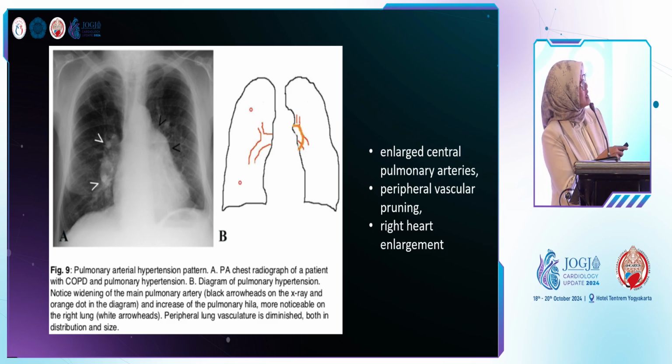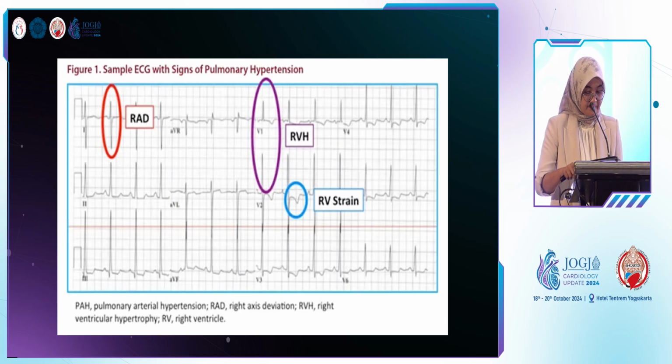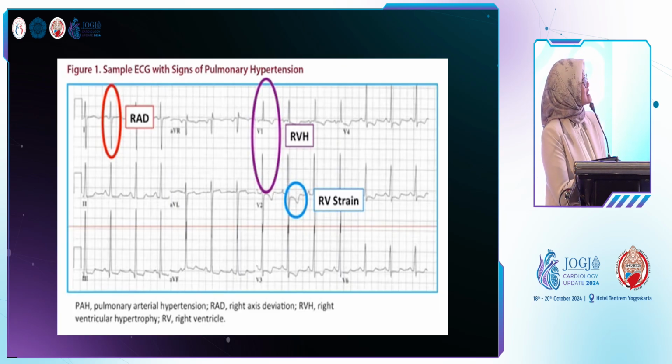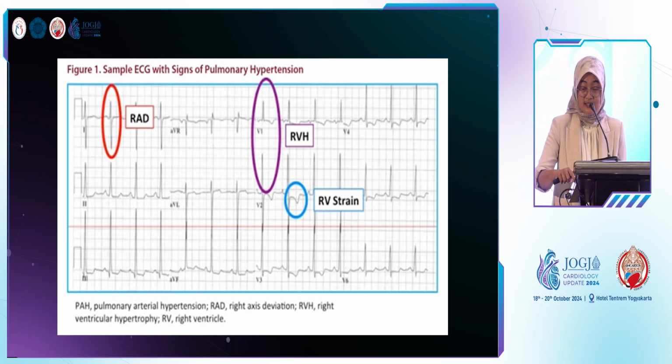From the pulmonary hypertension point of view, we can see enlarged central pulmonary arteries, peripheral vascular pruning, and also right heart enlargement. From the ECG, we can see right ventricle hypertrophy, right axis deviation, and also RV strain because of the increased right-sided pressure of the heart.